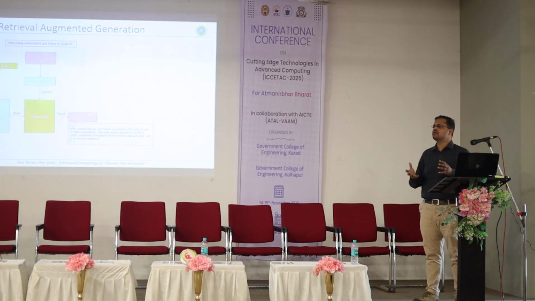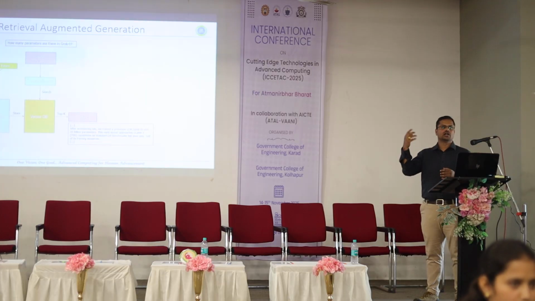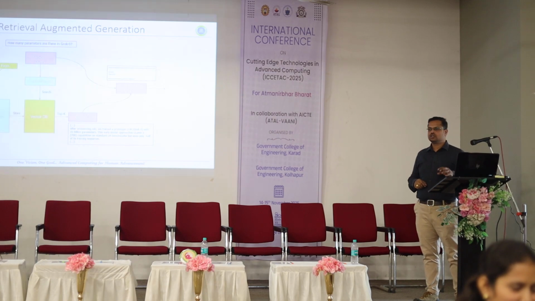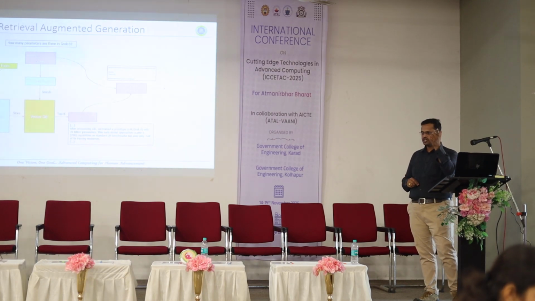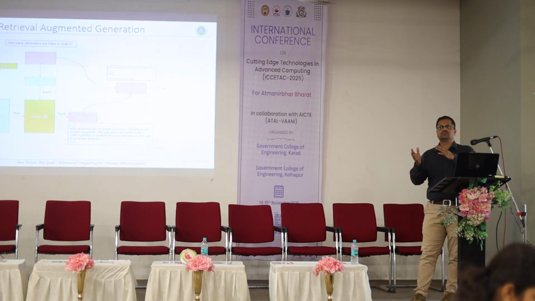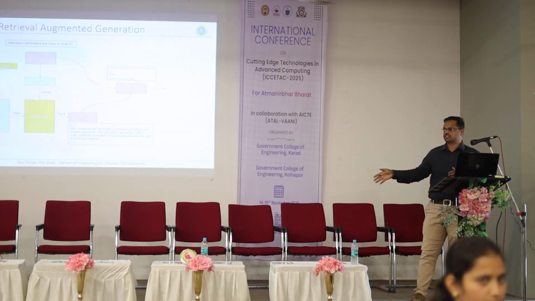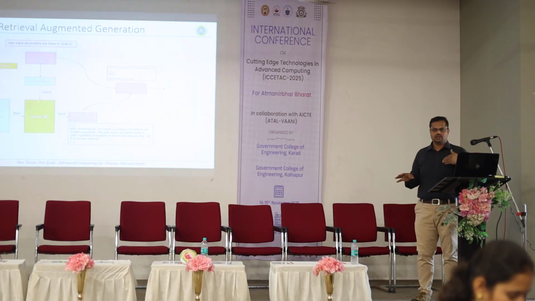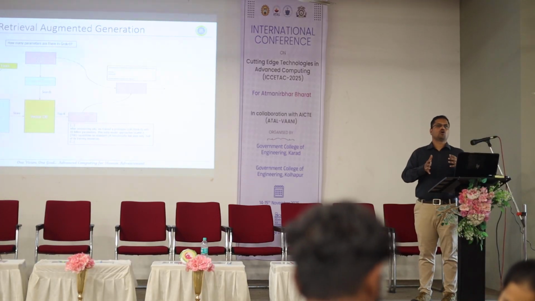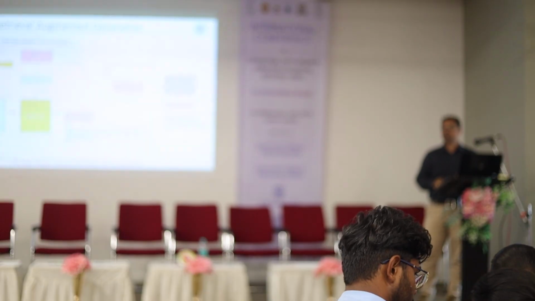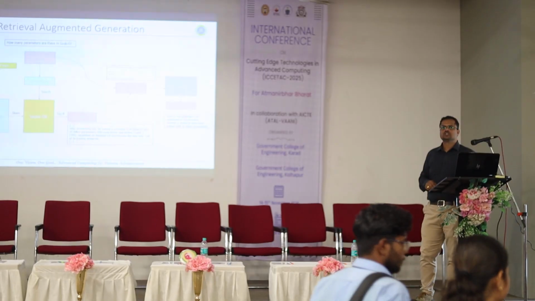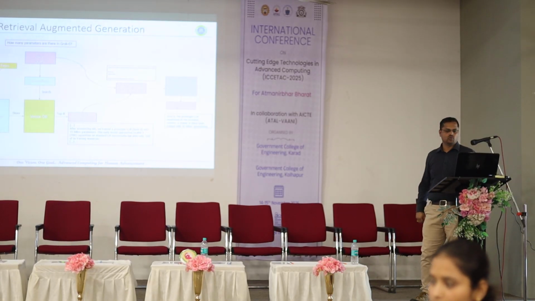Multiple contexts are retrieved from the vector database, and we generate the prompt with the question text and the context, since the answer may be present in the context. We provide the question and the context to the large language model, and the large language model will answer the question. So this is how the RAG pipeline works.